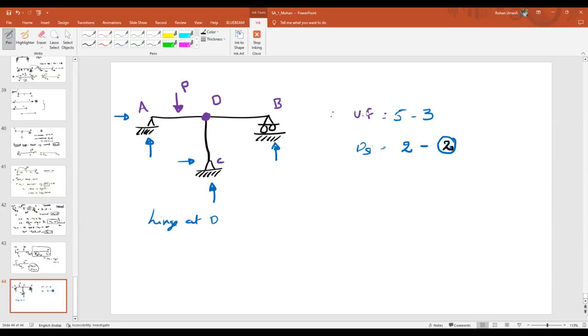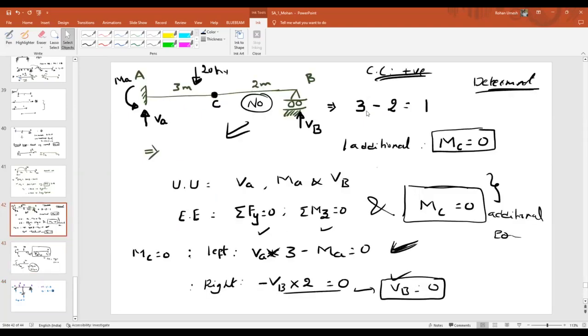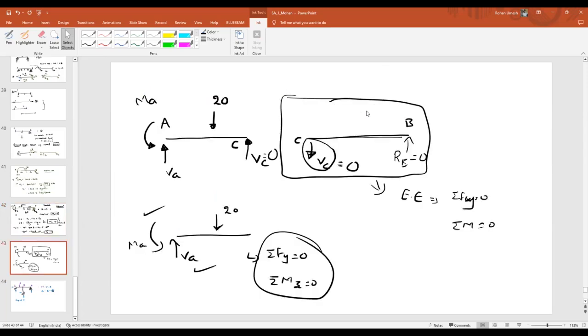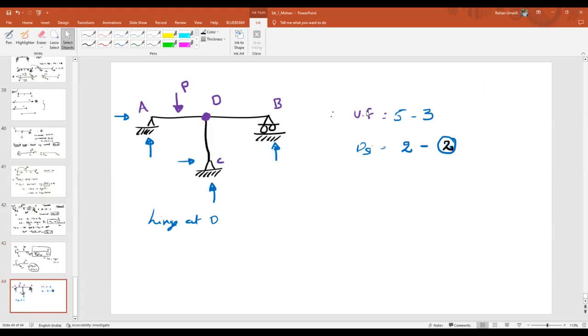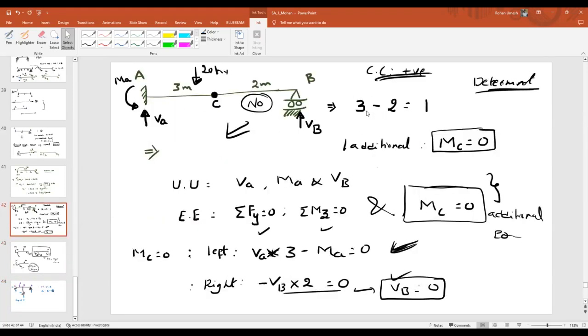Even here, this is the problem we have solved, isn't it? Moment at that point, we have seen clearly how we have to solve. But here, didn't you get the question that 3 members are there, why can't I consider two additional equations? Why should I consider 2 here? Why not 2 here?